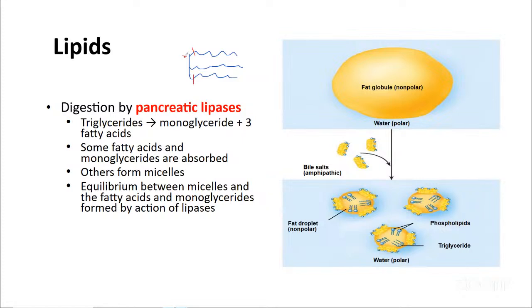Others are going to stick around for a while in the form of micelles. Okay, so micelle, we mentioned once in probably one slide in A&P 1. Maybe you've talked about it in some of your chemistry classes, not sure. But what a micelle is, you know how our phospholipids arrange into that phospholipid bilayer that forms our cell?